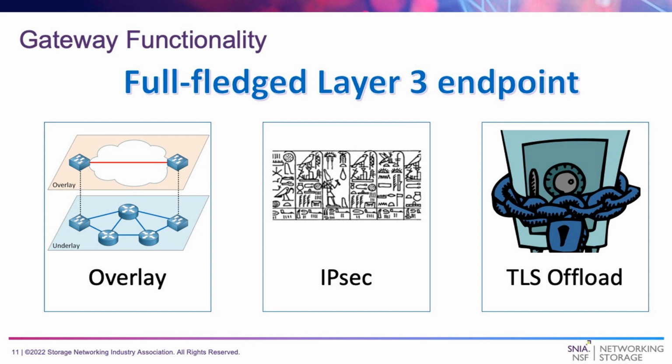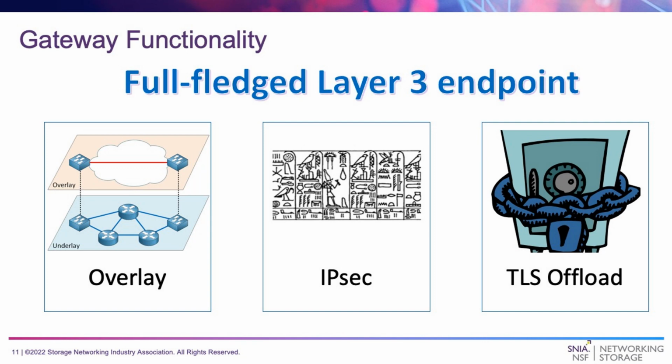TLS, again, enables us to create secure sessions, but is heavy on the CPU, and so we can offload it to the xPU. And by the way, I forgot to say, when you want to implement a tunneling solution, you may need also control layer functionalities, which are less heavyweight in the case, for example, of IPsec or TLS, but they are pretty heavyweight in the case of overlays.